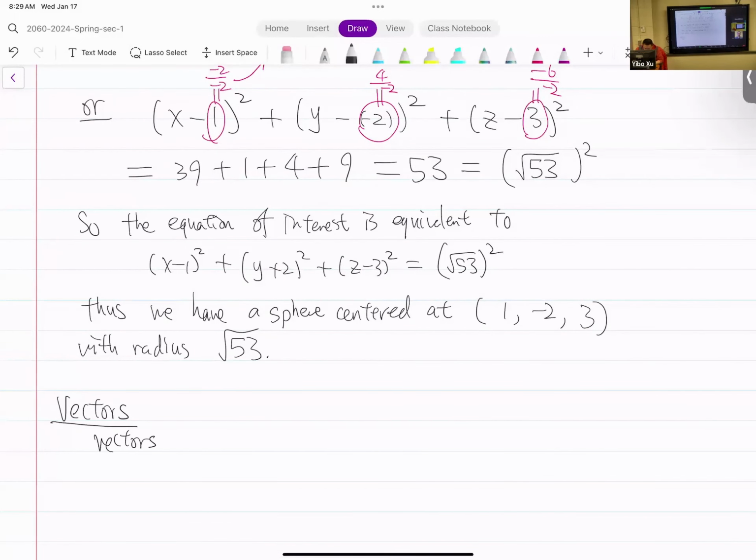Vectors are quantities that have both magnitude and direction.